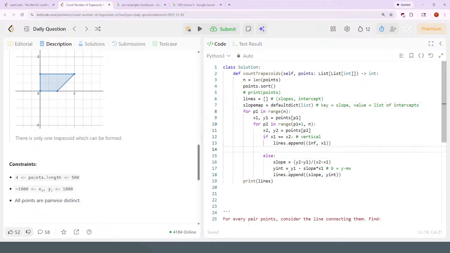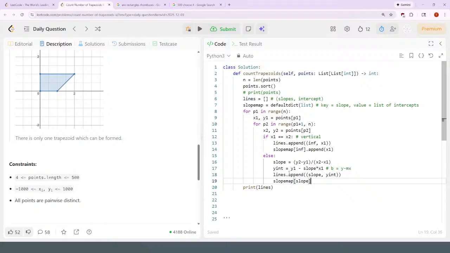So here, if this is line, then the slope map should map infinity. Actually, I don't even know if I can use the key of infinity. I probably can't. Append this intercept. And then here, this would mean that the slope map for this slope appends this y-intercept.